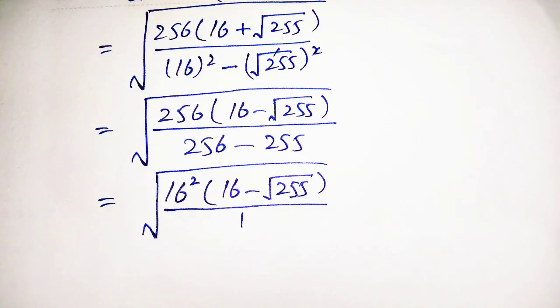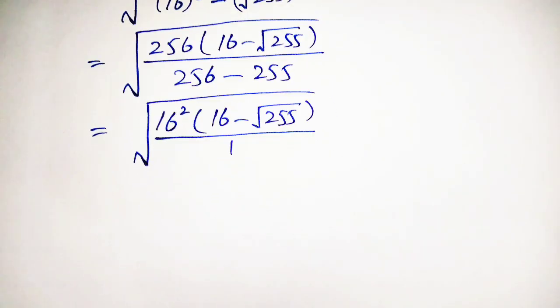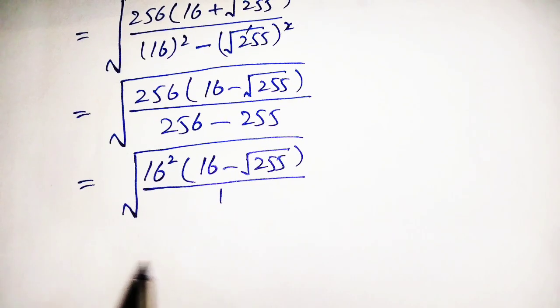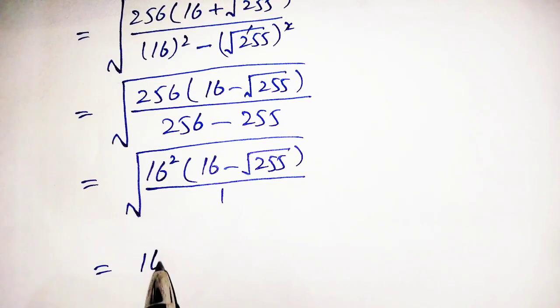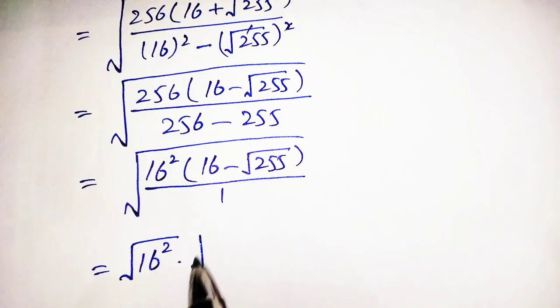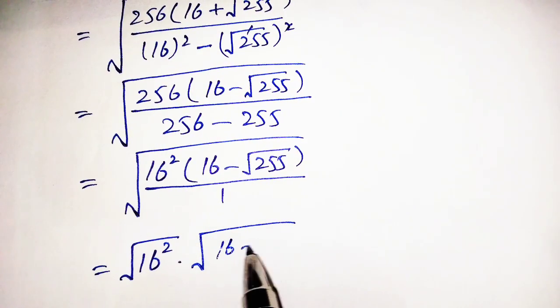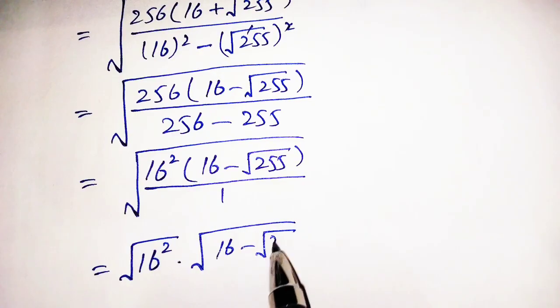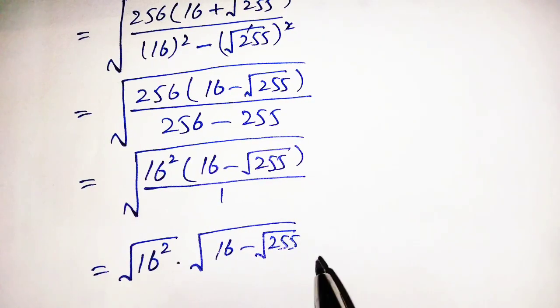Now separating the square root of the numerator term, we will get square root of 16 square times square root of 16 plus square root of 255.